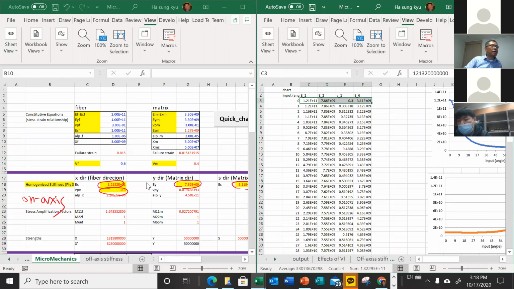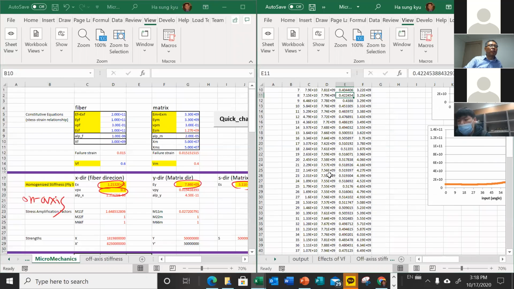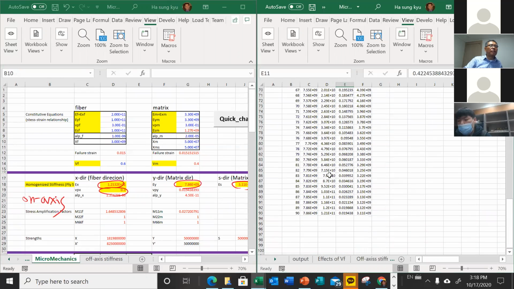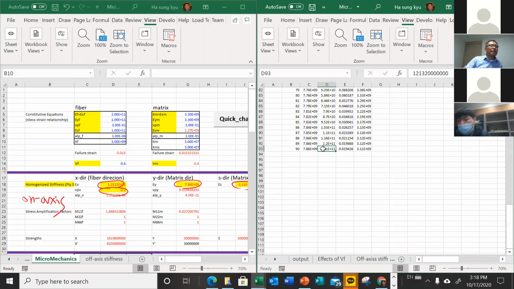This is exactly the same as the on axis, and also here at 90 degrees, the material property E2 will be EX, and E1 will be EY, because the angle has changed from X to Y, exchanged, right?